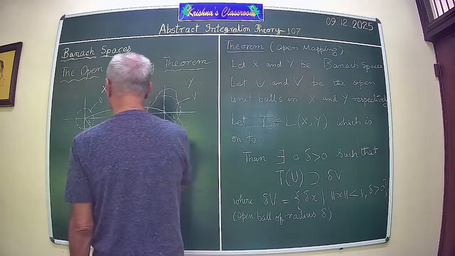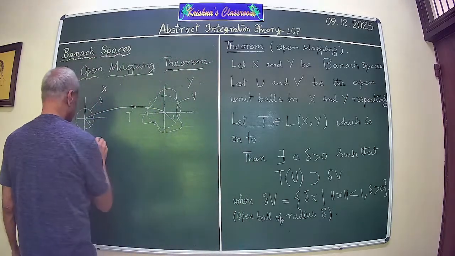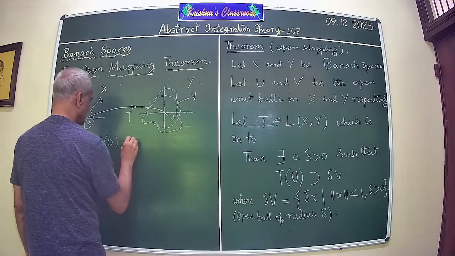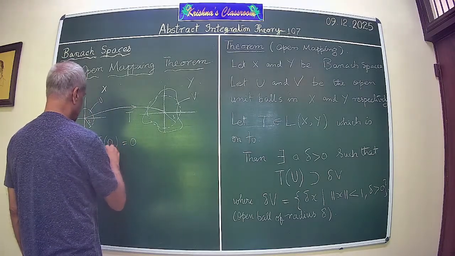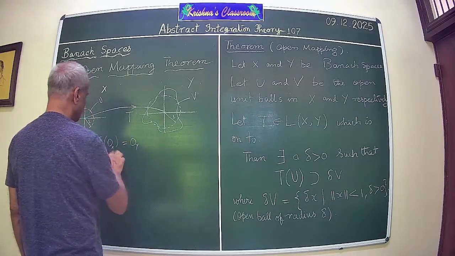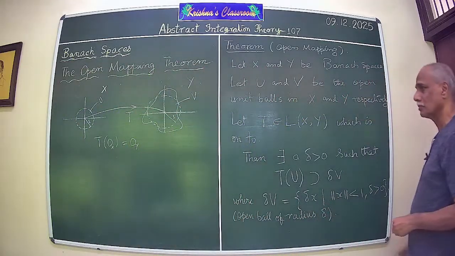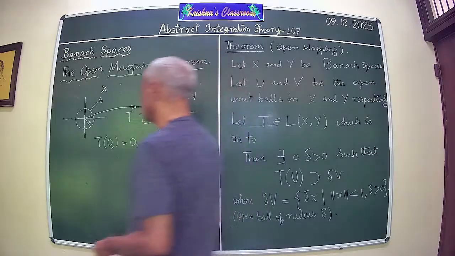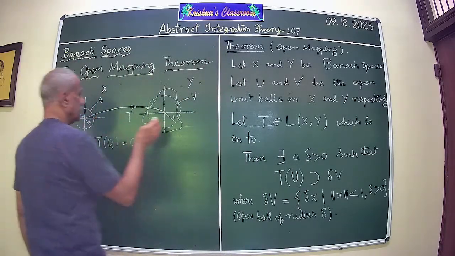This is the 0 element. So you see that this is 0 in Y, this is 0 in X. That's the image set. Okay, so this is 0 X.